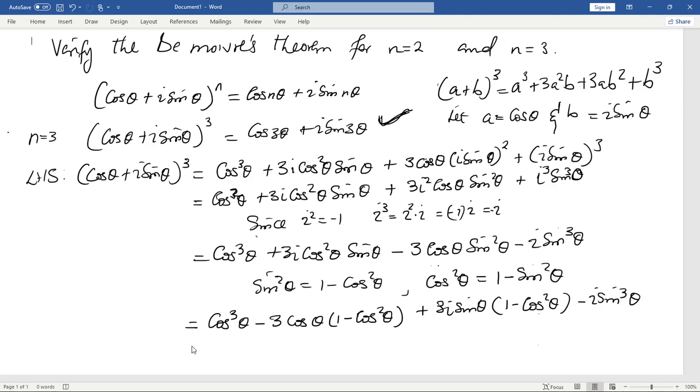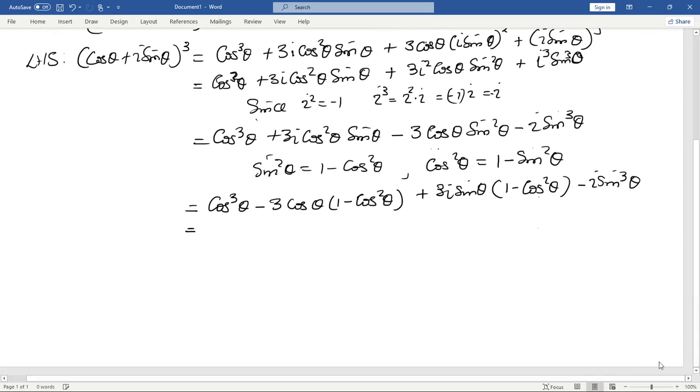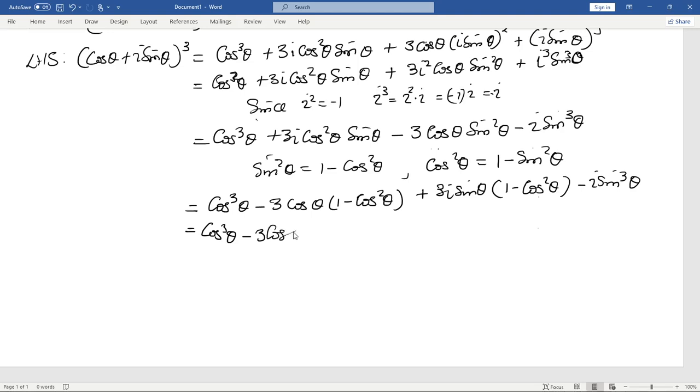If we simplify everything, we have cos cubed theta minus 3 cos theta plus 3 cos cubed theta, plus 3i sin theta minus 3i sin cubed theta minus i sin cubed theta.